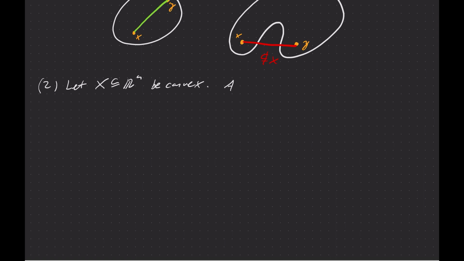And then we'll take a function f defined on that set and mapping to the reals. So we can only use real numbers for that, and we'll see why in a minute. Such a function is called convex, or even strictly convex.